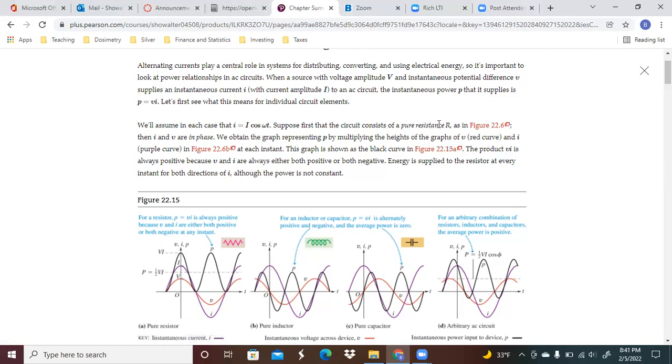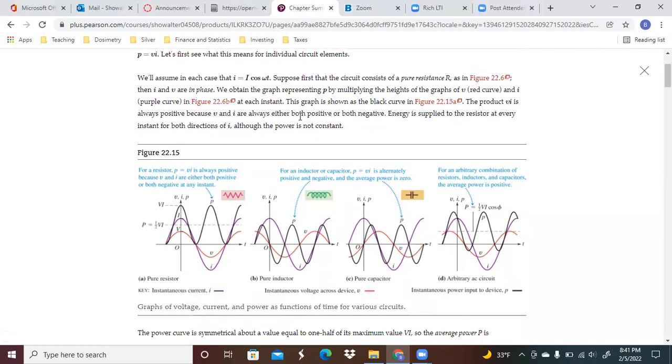Let's suppose that the circuit consists of a pure resistance R. Then I and V are going to be considered in phase, which you remember from the previous section. If we graph that here for a resistor, again, this is what the voltage looks like. This is what the current looks like.